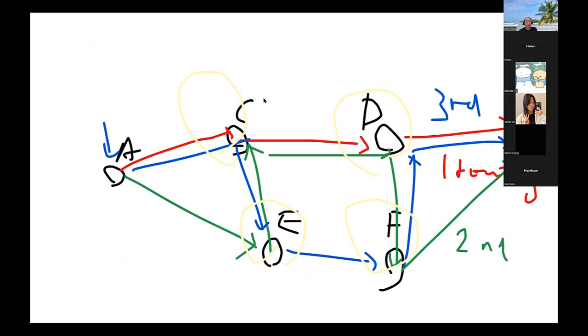Is that clear? Any computer in the middle that provides routing for you is called a router. A router is a computer that performs a specific service for routing.